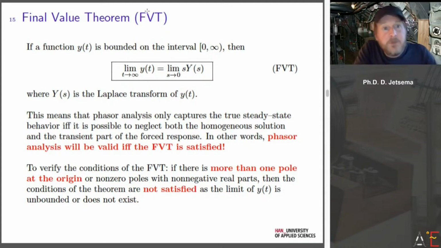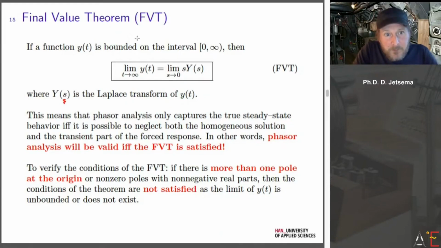Well, that appears to be the final value theorem, and maybe those who have been studying classical control systems know about this, or it's often also brought to attention when considering the Laplace transform. Here s I denote as the Laplace variable.